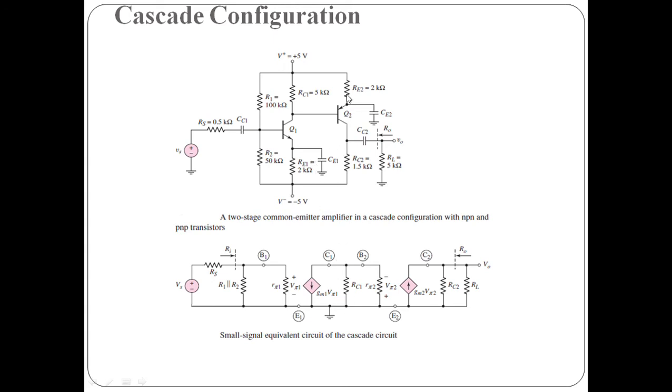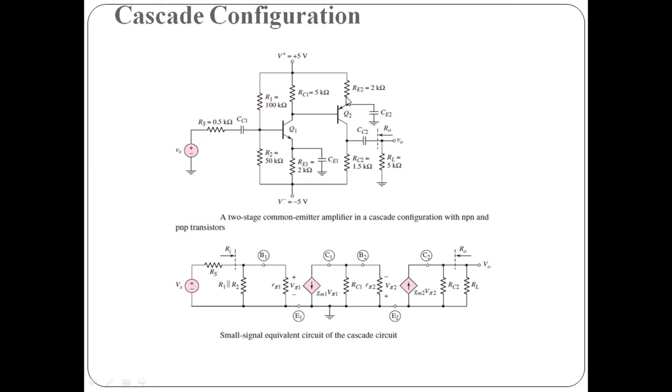Now if we come to the second stage of the common emitter amplifier, the collector of the first stage is connected directly to the base of the second stage. The collector C1 of the transistor Q1 is connected directly to the base of the transistor Q2, given by the notation B2. Now B2 and the emitter 2 are replaced by the transistor parameter R pi 2, and the voltage across R pi 2 is given by V pi 2.